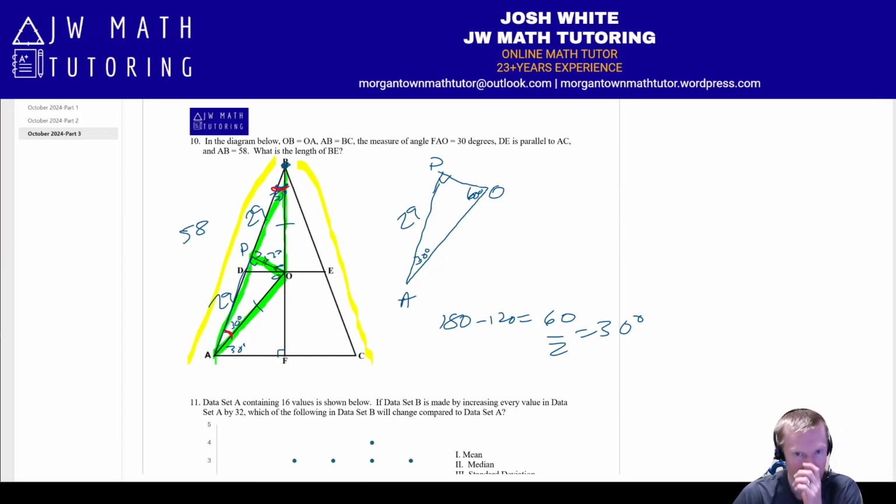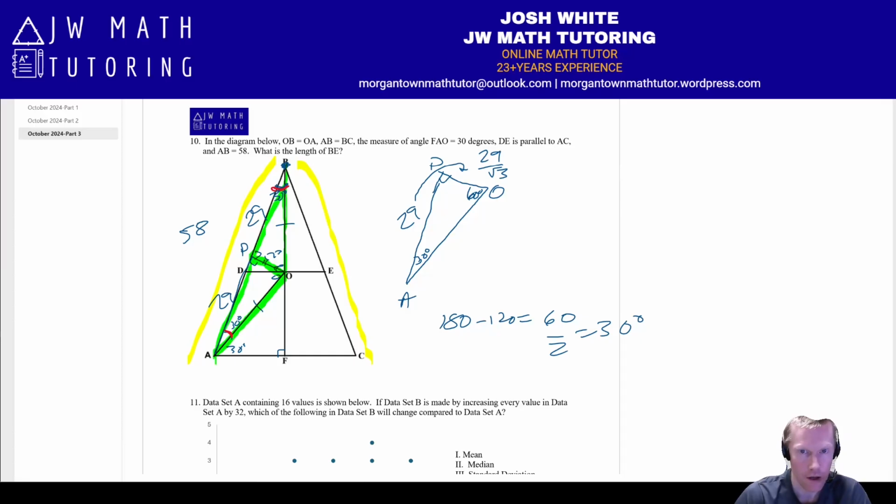So what that allows me to find now is that right here this side is across from the 60, so this is the long leg. And again, you could do this using trig if you wanted to. I'm just using the 30-60-90 shortcuts. So to get from the long leg to the short leg across from the 30, I'm going to do 29 divided by root 3.